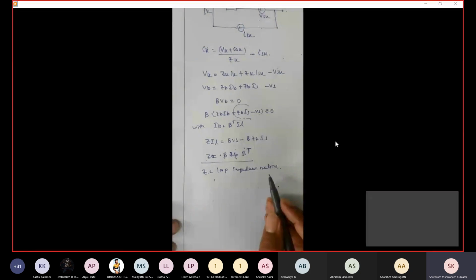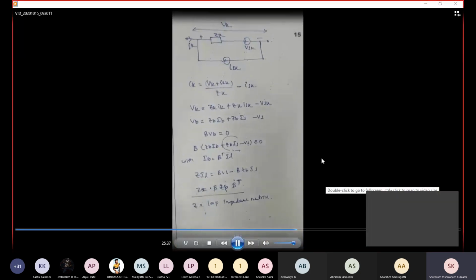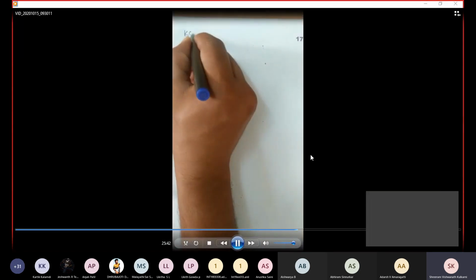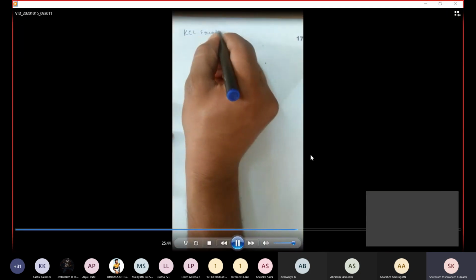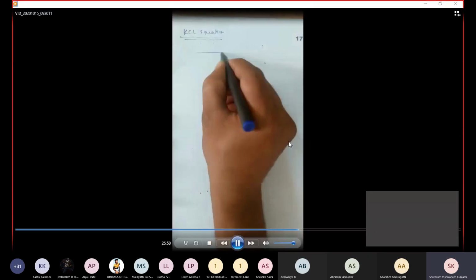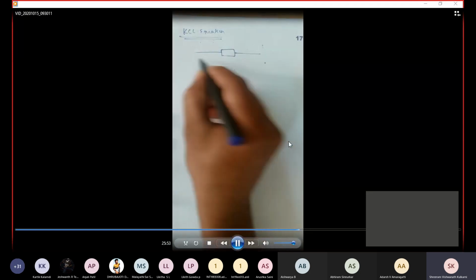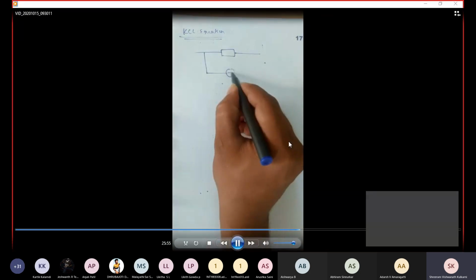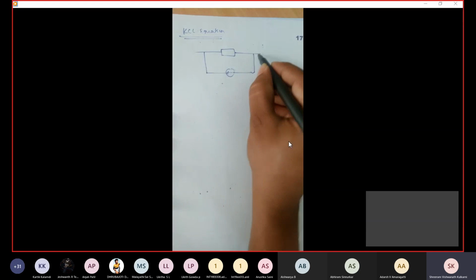Now KCL equations. For this I am going to consider this circuit. For KVL, what did I consider?